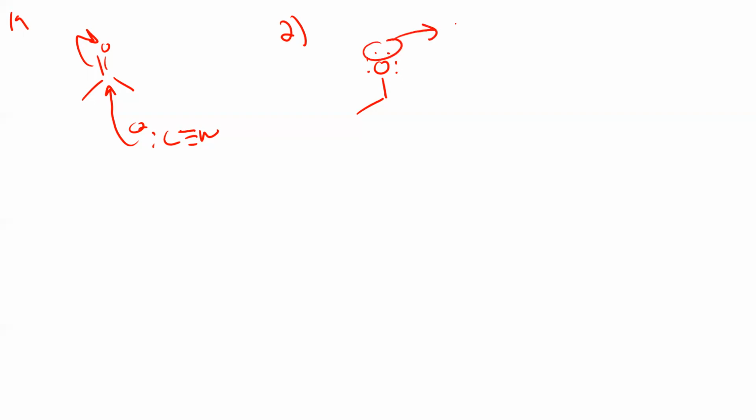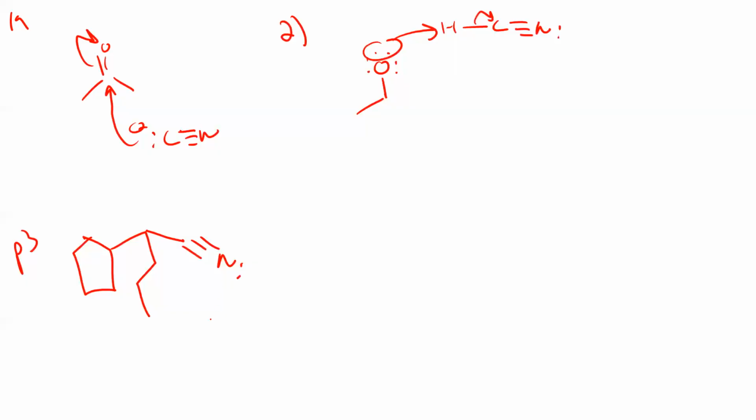That'll be a proton transfer. And step 3, complete the structure. So we'll complete the structure in part 3. This 5-membered ring. Potassium.